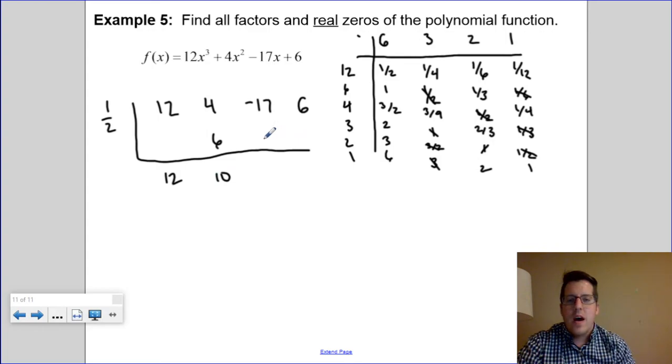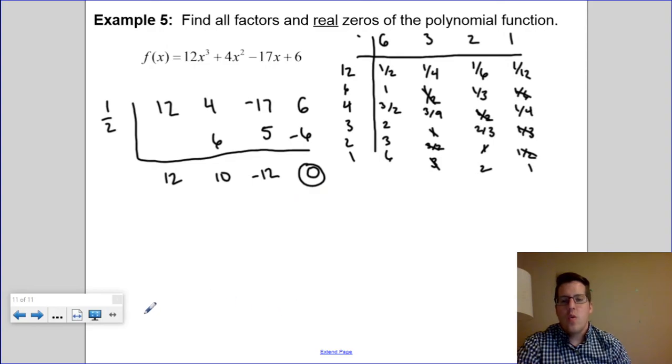So as I do this, you will see that the numbers actually stay relatively okay. I don't get any crazy fractions in here, although sometimes that does happen. Now, 1/2 was a 0. So one of our actual zeros is 1/2.